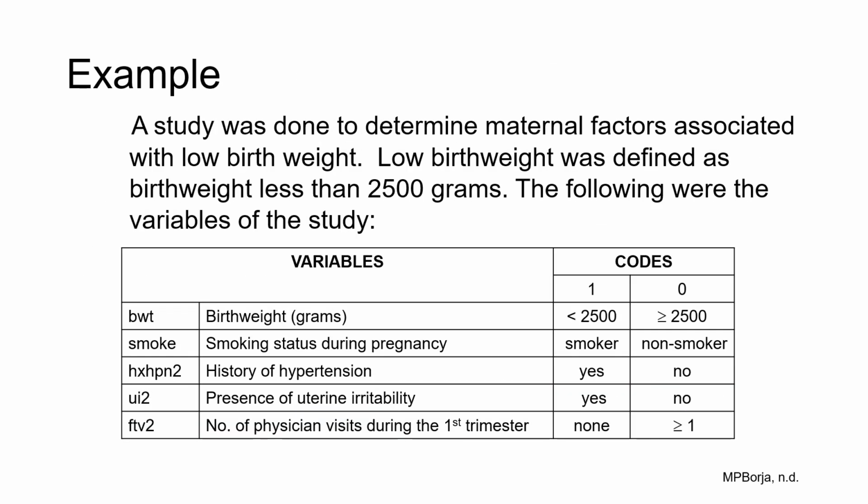In this example, birth weight is the binary outcome variable, dichotomized as low birth weight and normal birth weight, and the following maternal factors were considered as the independent variables: smoking status, history of hypertension, presence of uterine irritability, and number of physician visits during the first trimester.